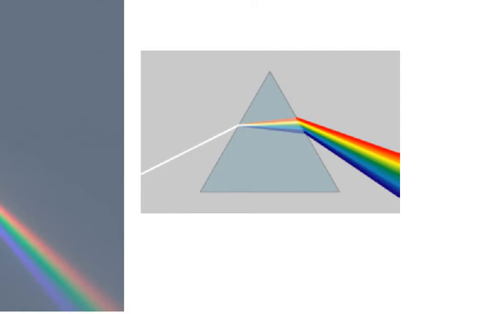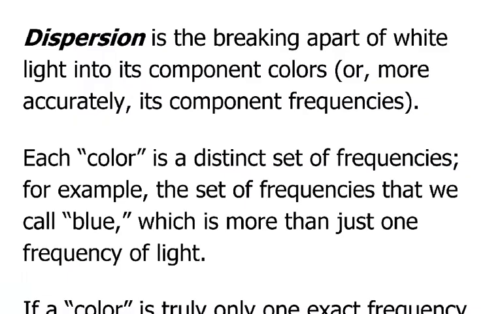All right, so let's talk about this a little bit more. Dispersion is defined as the breaking apart of white light into its component colors. More accurately, we would call those the component frequencies. Different frequencies of light are different colors as we perceive them. There's a set of frequencies that we might call blue.